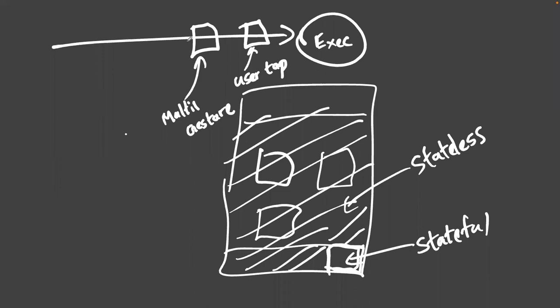So when the user taps and when executing, I need to asynchronously run something. So I'm going for an async task. In Flutter, we are calling that a Future. So let's talk about it.